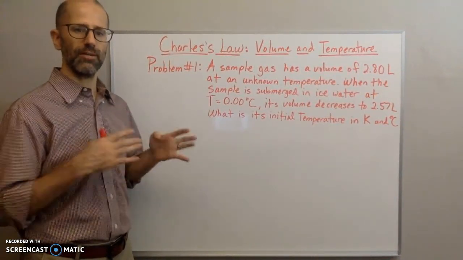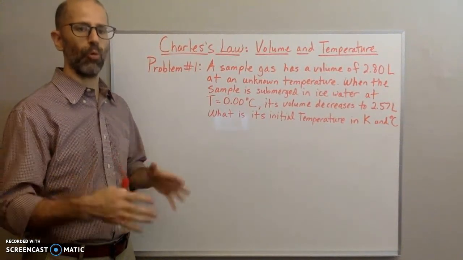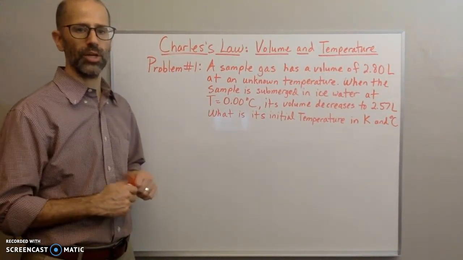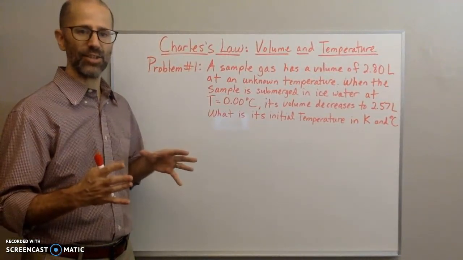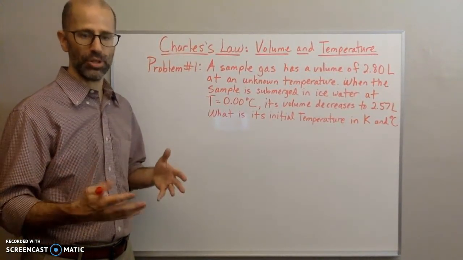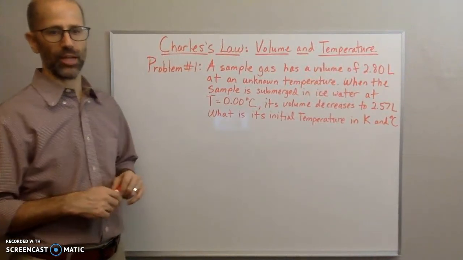So you need to convert your degrees Celsius to Kelvin before you plug it into Charles' law or any gas law that requires temperature. Temperature always has to be in Kelvin. So you got to make that change.